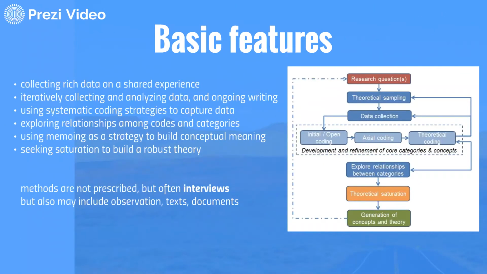So basically, again, the idea is about doing research on a shared experience and collecting as much rich data as possible, but working in this iterative way between collecting and analyzing data. A key feature of grounded theory is this notion of a specific approach to coding.